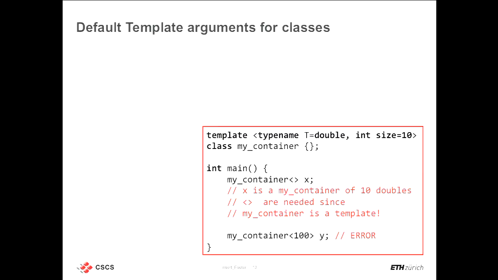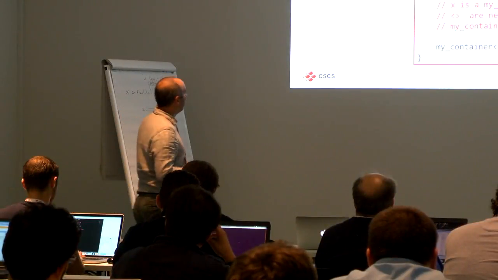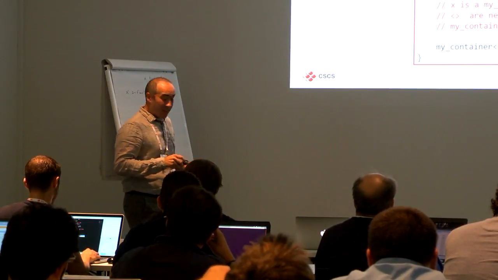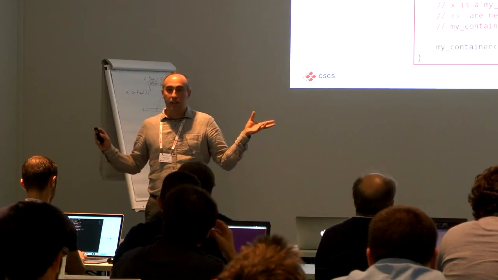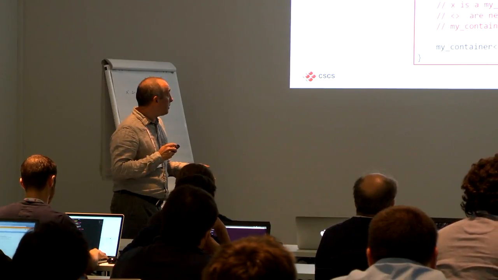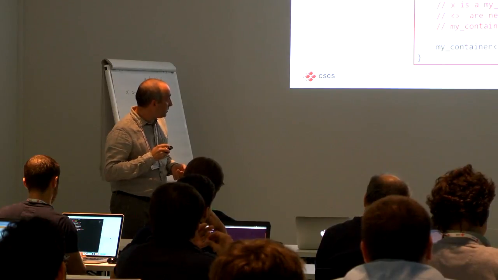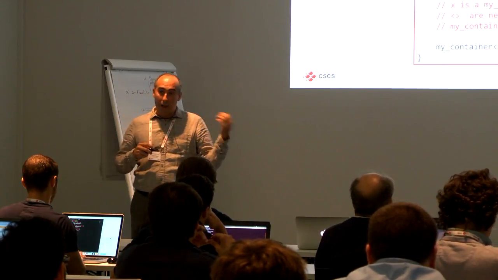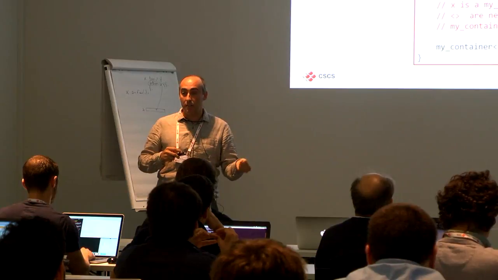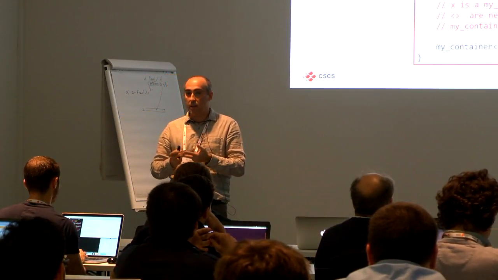So you can have default template arguments for classes. That's the typical use, actually. Function templates usually don't have many default template arguments. You can fully specify all the arguments. For instance, I have my container, which takes typename T as double and the size of 10. By the way, again, this is an integer which is passed as a template argument. So not only types can be passed as template arguments, but also integral types: chars, int, unsigned, pointers.